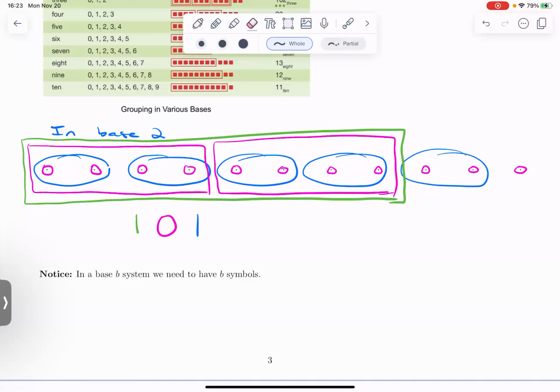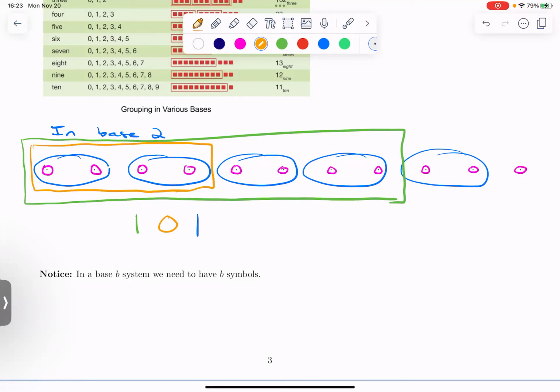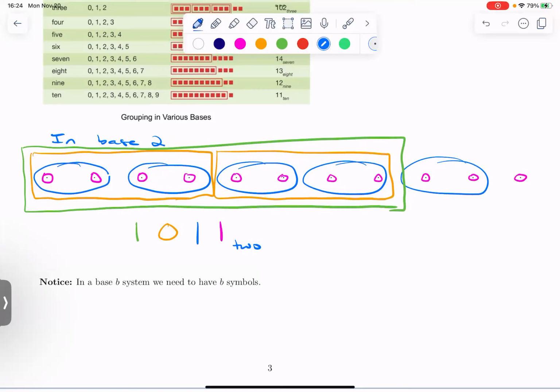Let me just do a quick switcheroo here. There. No harm, no foul. Then I have 1 pink one on its own. Which means 11 base 10 is 1011 base 2.